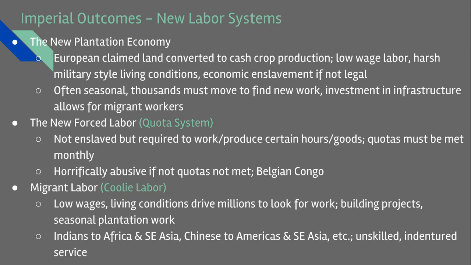But it became kind of a general term in the 19th century for any unskilled, uneducated, low wage labor. And these coolies would essentially be shuffled around almost as indentured servants from plantation to plantation, or mine to mine, or building project to building project.